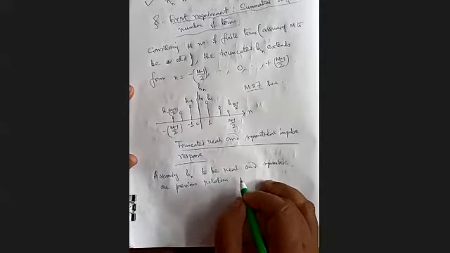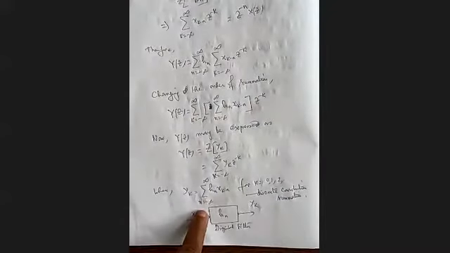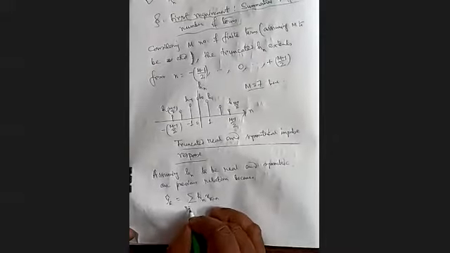Our previous relation becomes: we write y-hat[k] equal to summation h[n] x[k minus n], that is our convolution, where n is varying from minus (M-1)/2 to plus (M-1)/2.